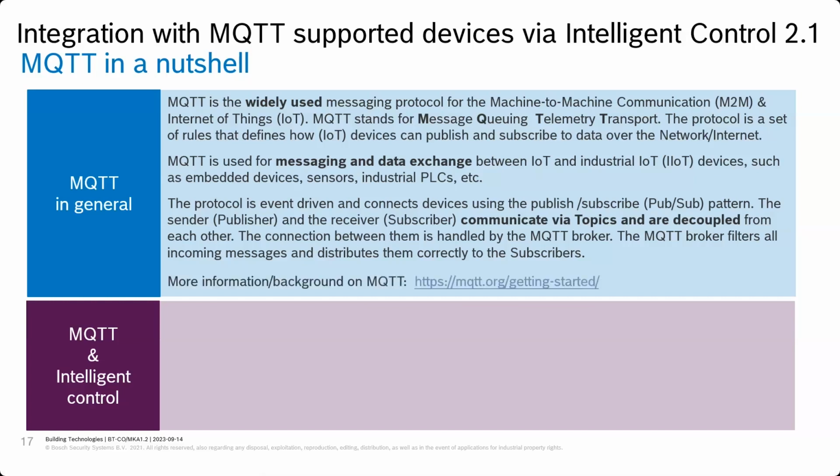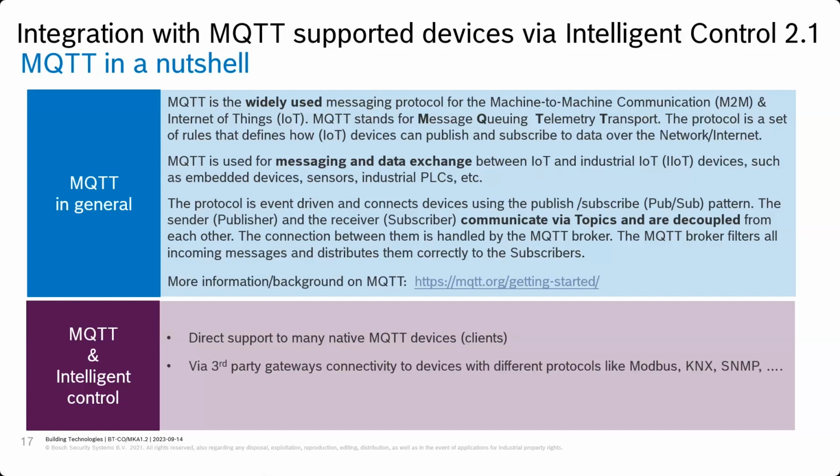Much more information and background on MQTT you can find, for example, on the mqtt.org webpage in the Getting Started section. Direct support for many native MQTT devices is there when you look at MQTT in combination with intelligent control, which is the app running on the PXI-Core.